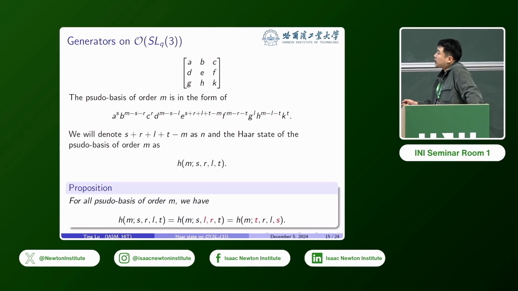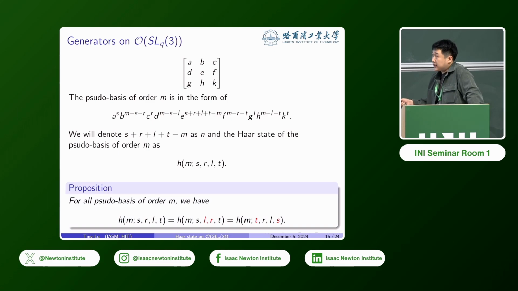First is the order, and then the index of generator A, index of generator R, index of generator G, and index of generator T. For simplicity, I'll just write the index of generator E as n, and I will denote their Haar state in this form, in short.